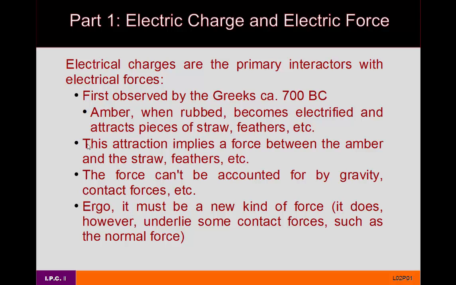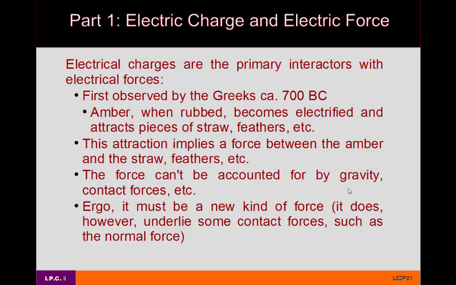Fast forwarding through a couple thousand years worth of physics theory, discovery, and observation, the attraction between the rubbed amber and the piece of straw or the feather implies that there's a force between the piece of amber and the straw and the feather and so on. Now, this force very obviously cannot be accounted for by gravity.